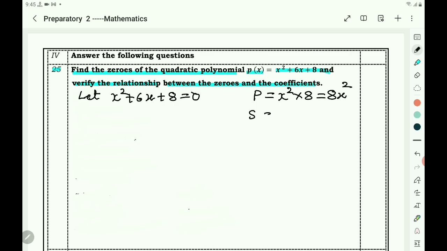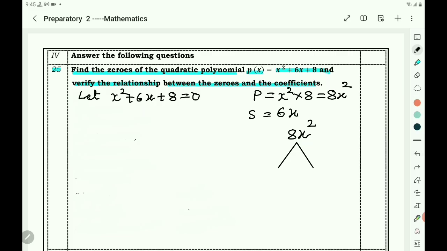Sum equals 6x. Now you take 8x square. The product is having positive sign. Therefore, the factors are having the same sign, which sign? Sign of the middle term, that is 6.